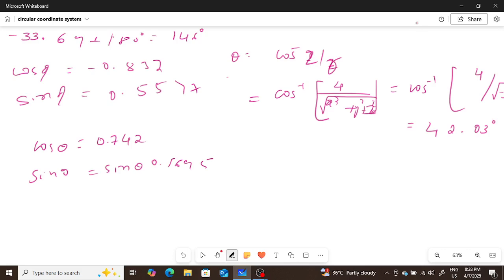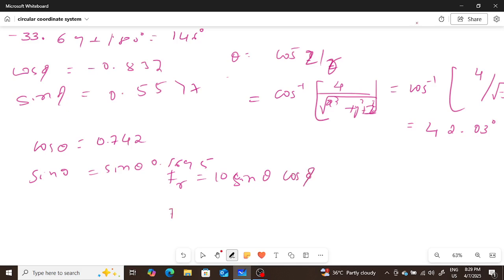So what is Fr? Fr is already found, that is 10 sin theta cos phi.